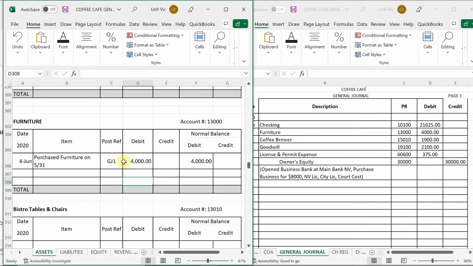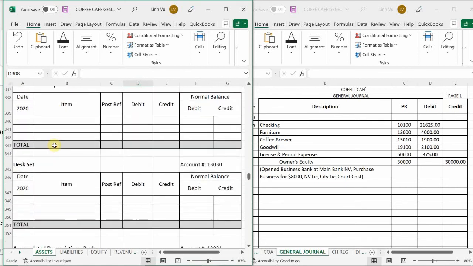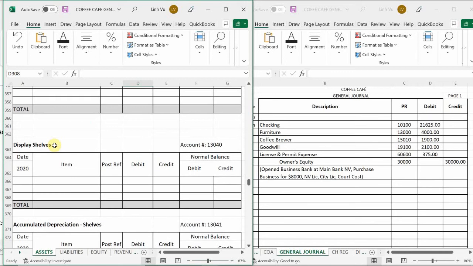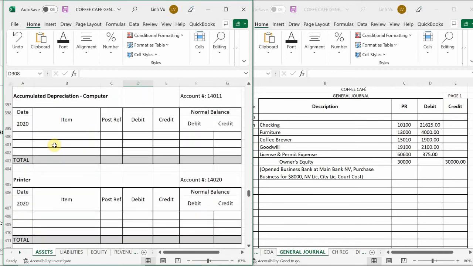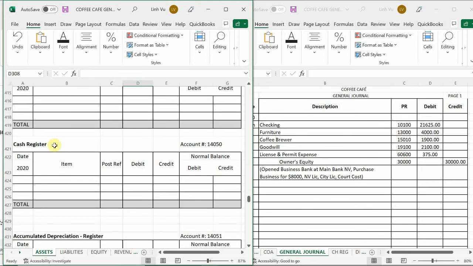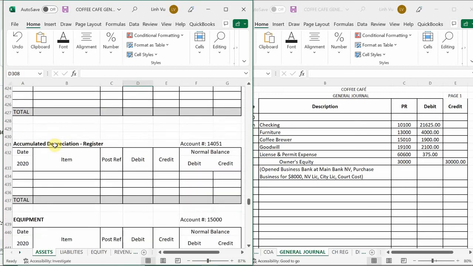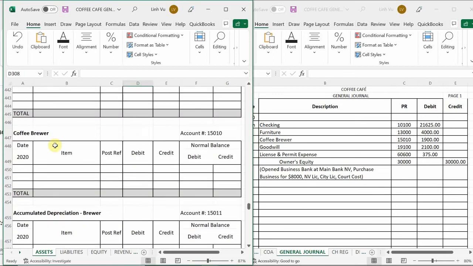Next item on the list here is a coffee brewer. Here you go, my coffee brewer account is right here.